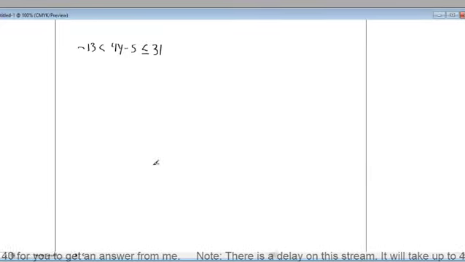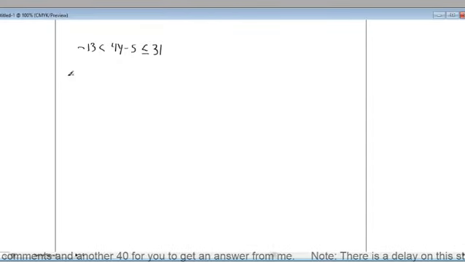So here we have not just one, but two inequality symbols. The reason is that someone has stuck together two of these inequalities. So they're saying that it's not just that we're comparing it to negative 13, but we're also comparing it to 31. So what you want to do here is break this up back into the two separate inequalities.